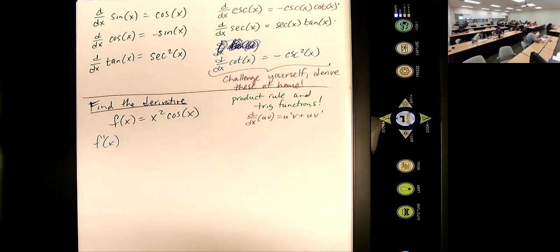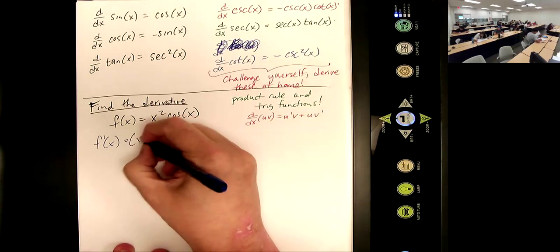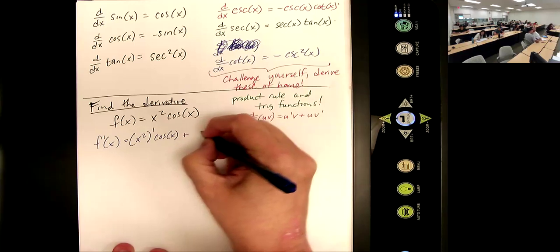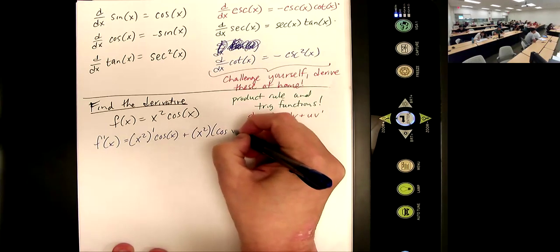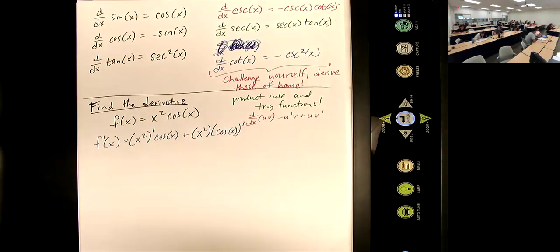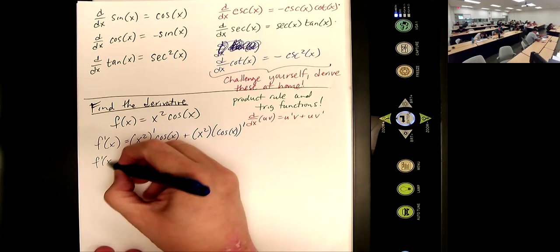So if I do the derivative on this, I have two things multiplied together, it's product rule. We can do the derivative of the first times the second, plus leave the first one alone and then do the derivative of the second. So the derivative of x squared is what?